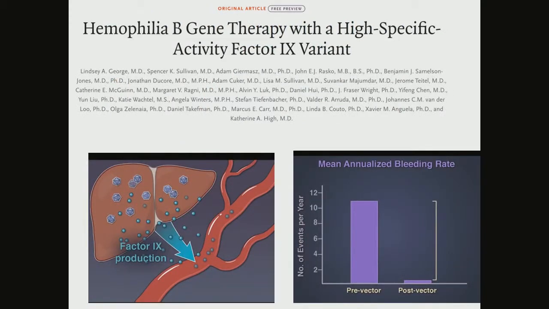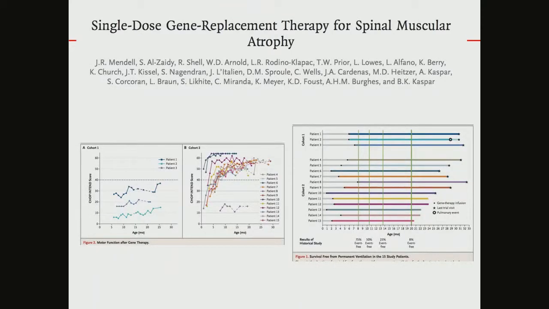Another approach which has been used successfully for in vivo gene therapy is the gene therapy for factor IX. Several papers came out and really show now that we can reduce up to basically zero the frequency of the bleeding events in a patient with hemophilia, and reduce the use of clotting factor.